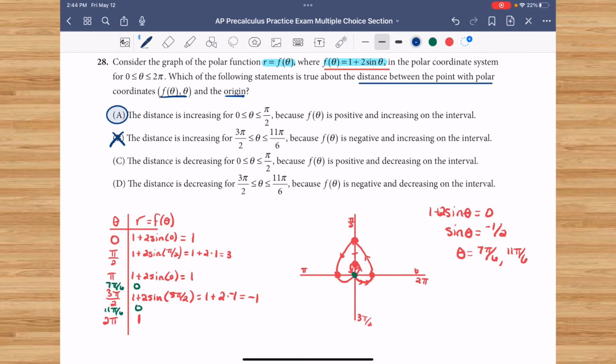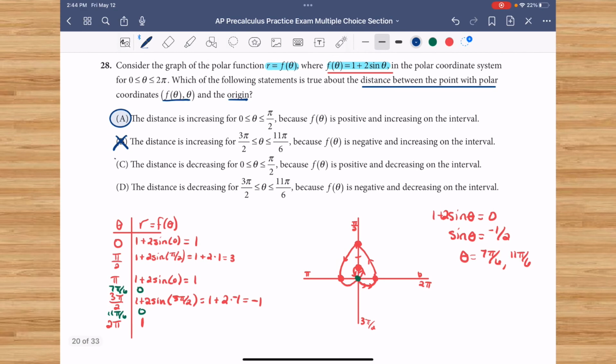Statement C is the contradiction of A. The distance is decreasing from 0 to 2 pi. Well, we know that that is not true. We said that that was increasing earlier, so I can't contradict what I just said. And then D says the distance is decreasing from 3 pi over 2 to 11 pi over 6. From 3 pi over 2, we are here at negative 1, and we are getting closer to the origin.